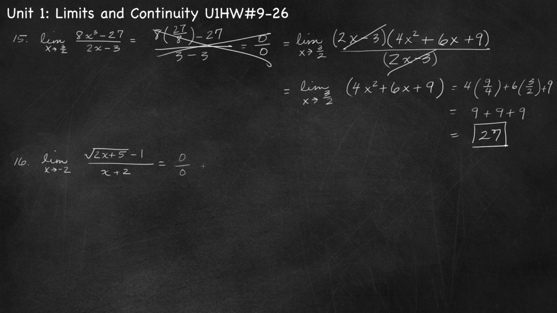0 over 0 is an indeterminate form that does not tell us anything about the limit, whether it exists or whether it doesn't exist. So we have to try a different approach. We're going to simplify this expression algebraically and then reevaluate our limit. So to do that, we are going to multiply the numerator and denominator by the conjugate of the numerator.